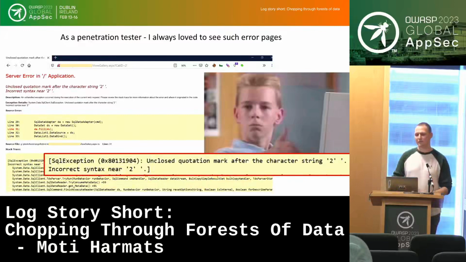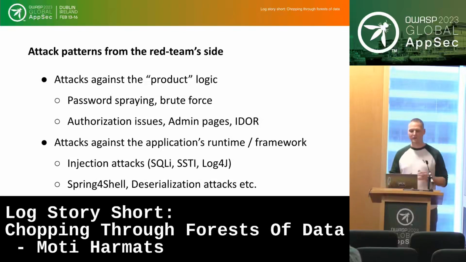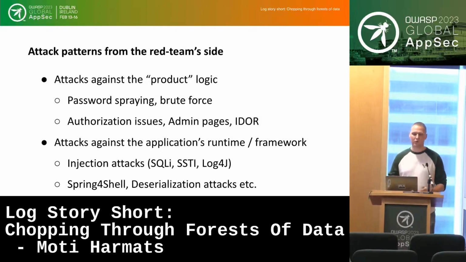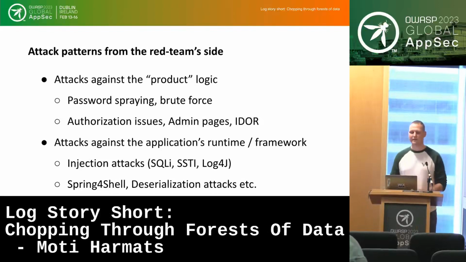And if you take the patterns of how attackers attack applications, you can separate it into two different buckets. So one pattern is attacks that are against the application logic, things that are mostly product related. If you do a brute force against the application, you do password spraying, authorization issues, you get to the admin pages, etc. And these are noisy attacks.